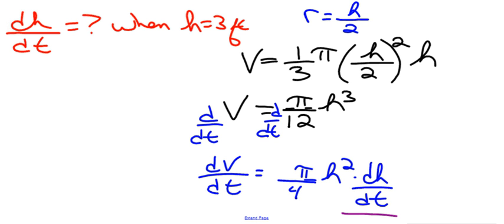I'm going to solve for this, or if you want at this point, I could substitute in what values I know from the given information and then solve for dH/dt. That is completely up to you. We're going to plug in for h a height of 3 feet, and for the rate of change in the volume, we had a negative 2 feet cubed per second.